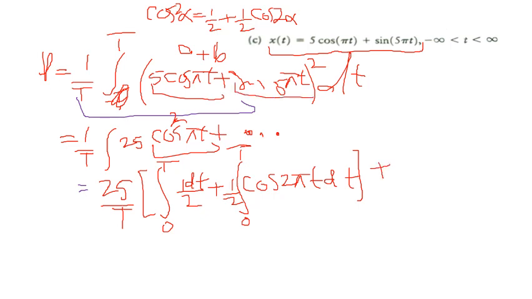So hopefully you know that the integration of sine or cosine over one period will result into 0. And why will it be 0? Because if I plot the sine or cosine, it looks something like this.